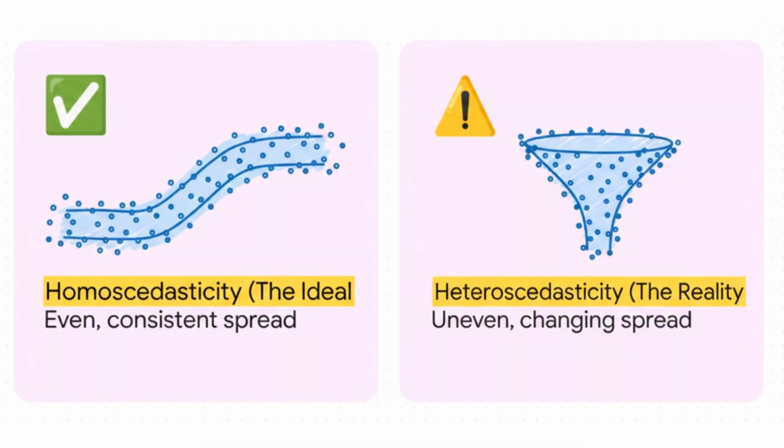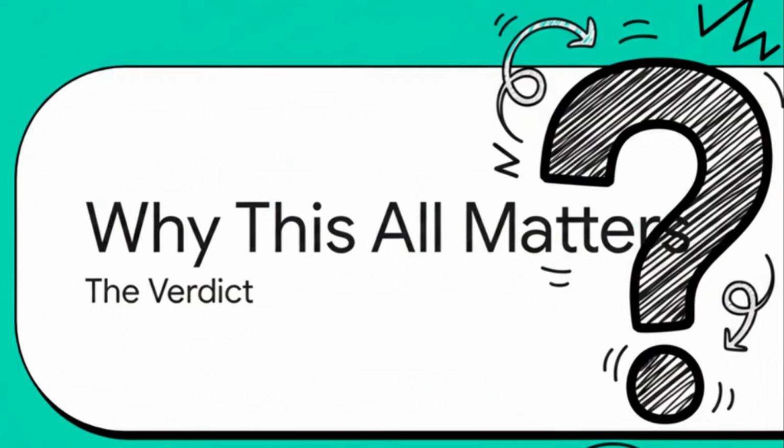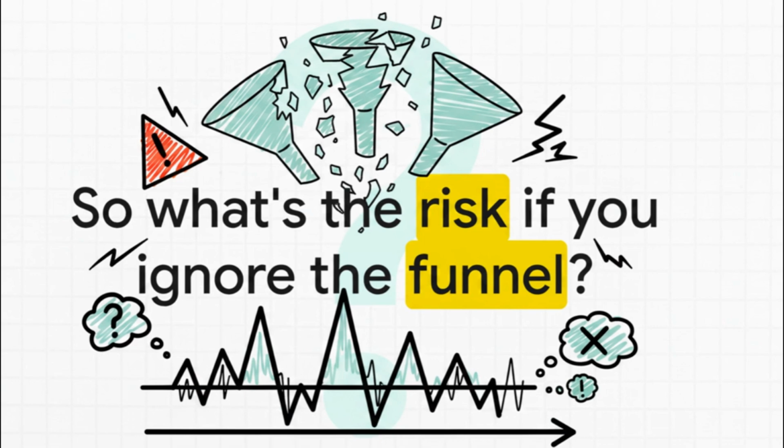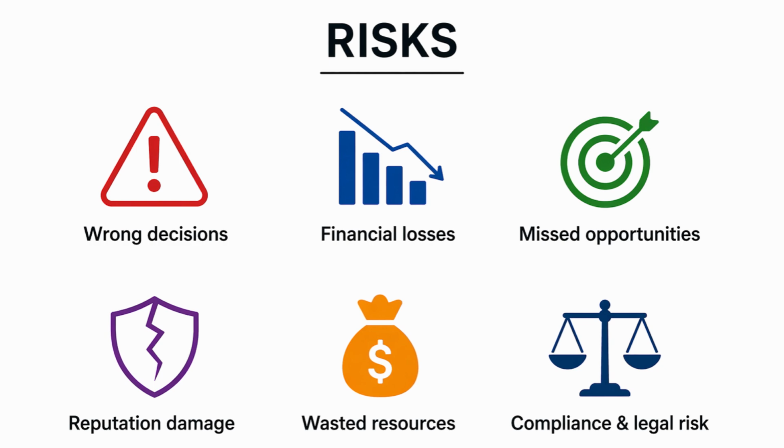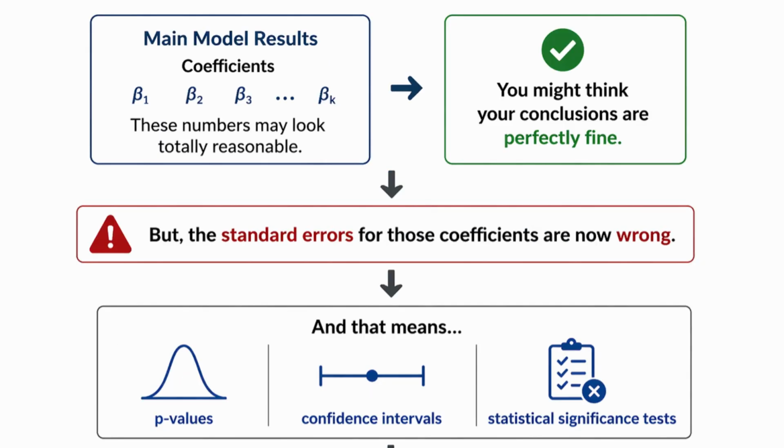So we have spotted the funnel pattern and we also have a name for it. But why is this such a big deal? What actually happens if we just ignore it? What is the risk? Well, the risk is huge and it goes right to the heart of whether anyone can actually trust your model. When you look at your main model results, the coefficients, those numbers that tell you how your variables are related, they could look totally reasonable.